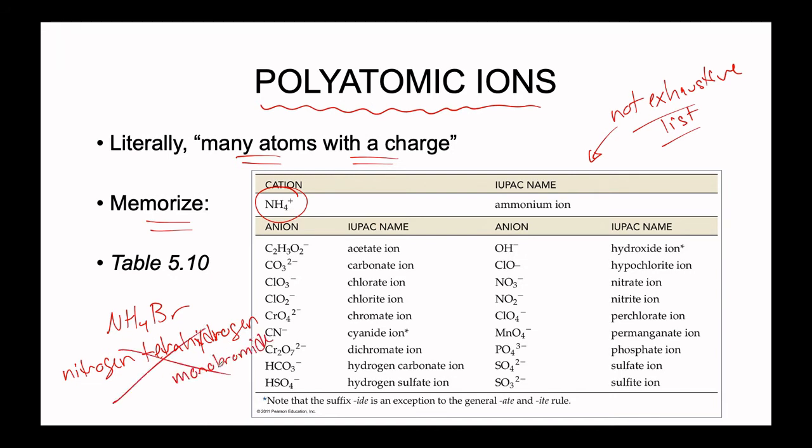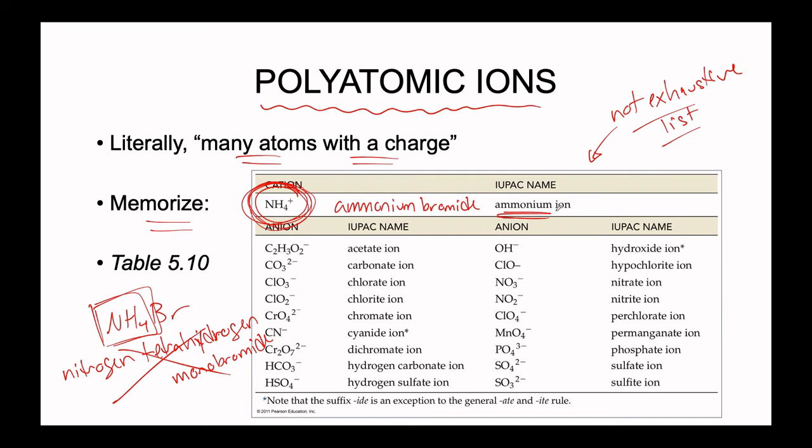That is not the name of this thing, because NH4 is a really common pattern that we see in bonding, because these elements come together so many times and form this polyatomic ion. The name for the compound that is listed here is actually ammonium bromide.